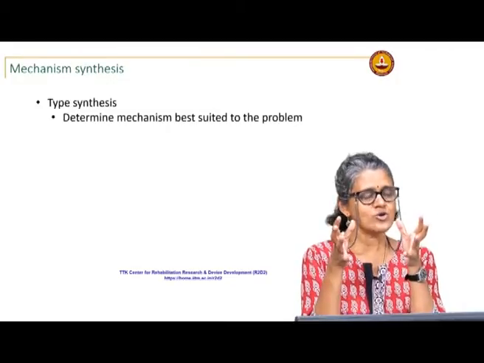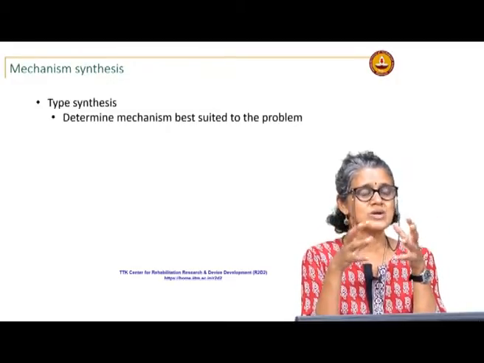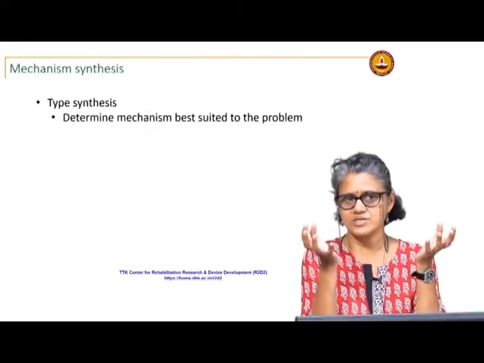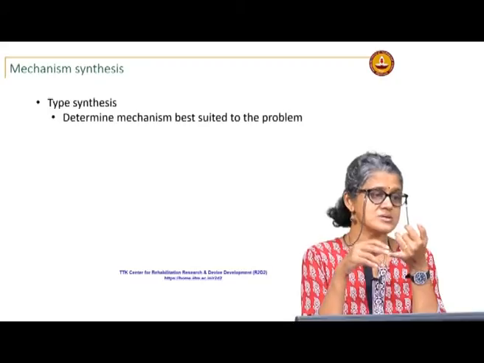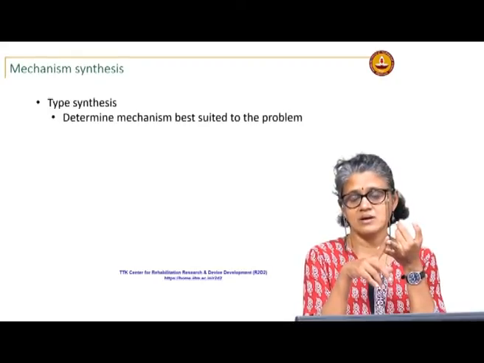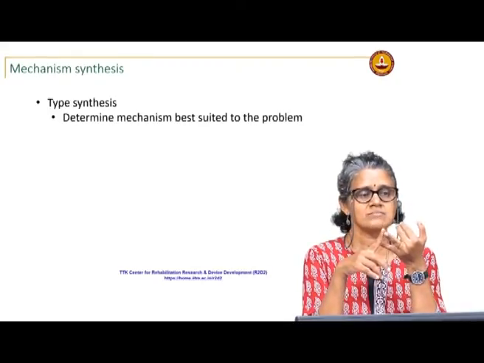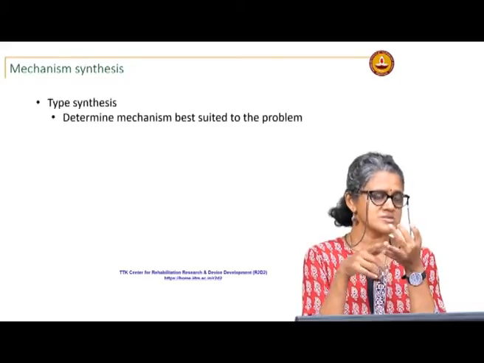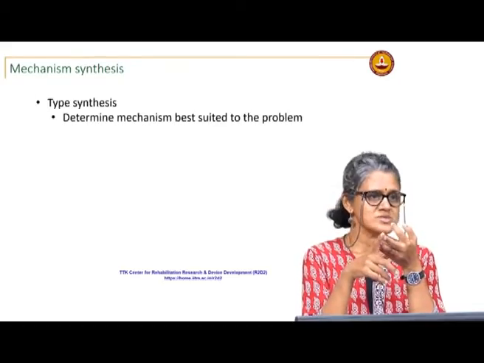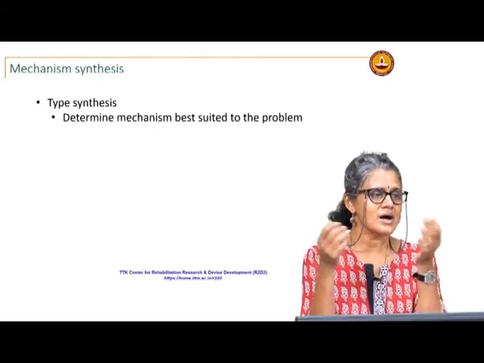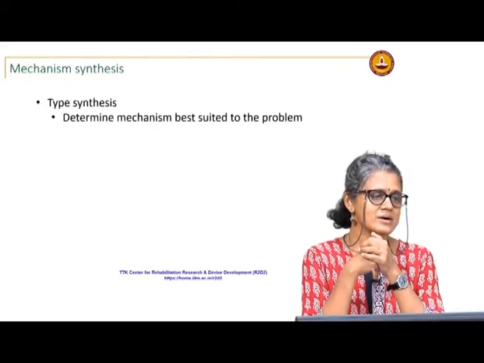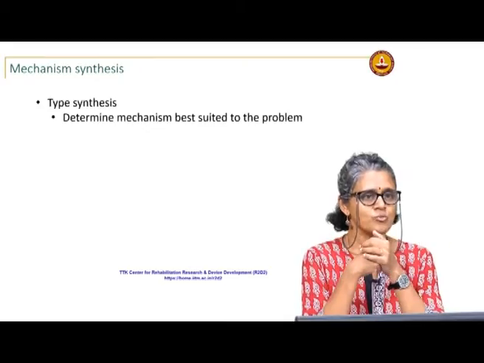So, the first thing you are going to look at is what kind of mechanism I want for this. It could be a linkage, it could be something that uses robots, it could be something that uses a conveyor, or a chain, pulley, rope mechanism.